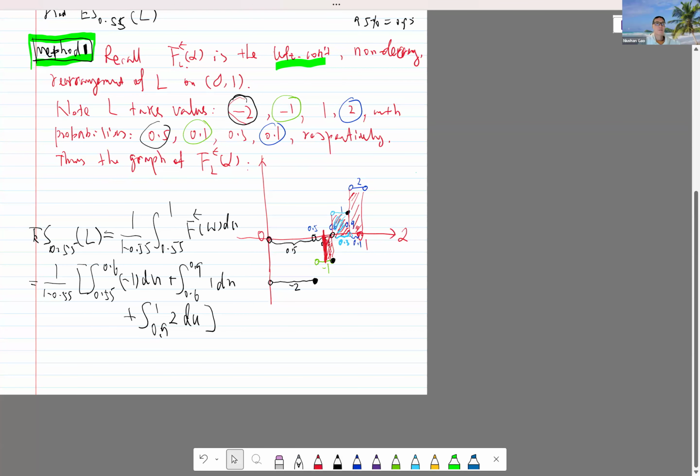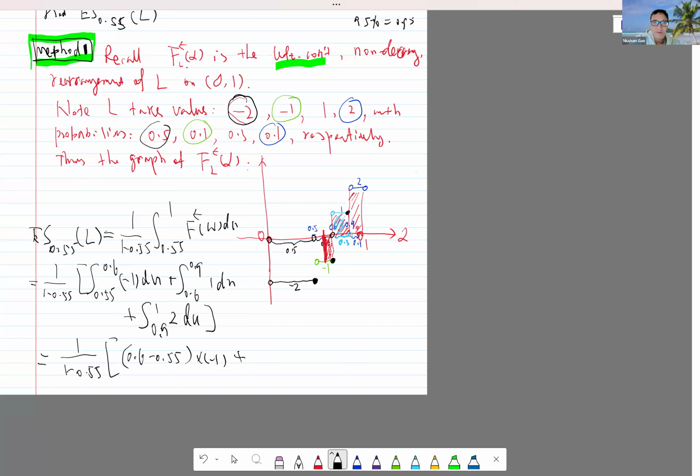If you compute these integrals, because they are rectangles, it's easy. What is the length of the first rectangle? 0.6 minus 0.55, times the height, which is -1.